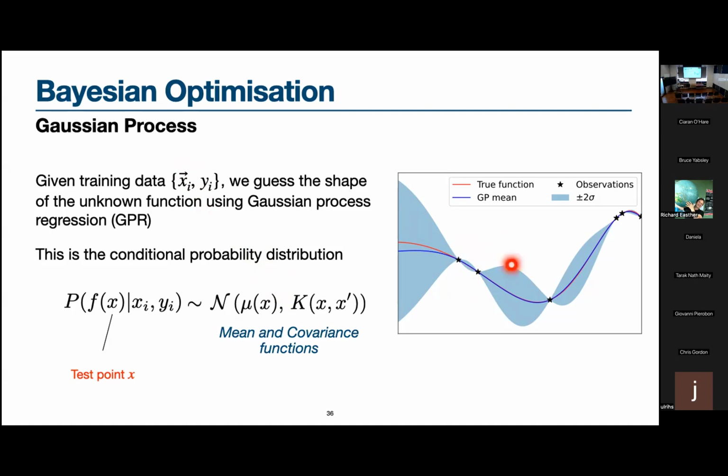But as you move further away from your observations, the mean of the Gaussian process may or may not replicate the exact function values, and it will show up as an increase in the uncertainty of your knowledge of the function. So an increase in the variance of the Gaussian process at those points.